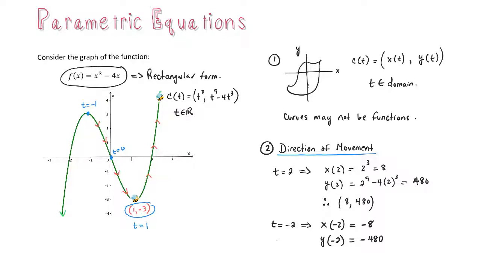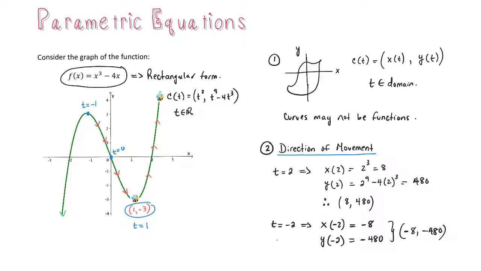The way that I got -480 is I plugged in -2 for t here and -2 for t here. I did the algebra and I got -480. So when t is equal to -2, the ordered pair is the point -8, -480.